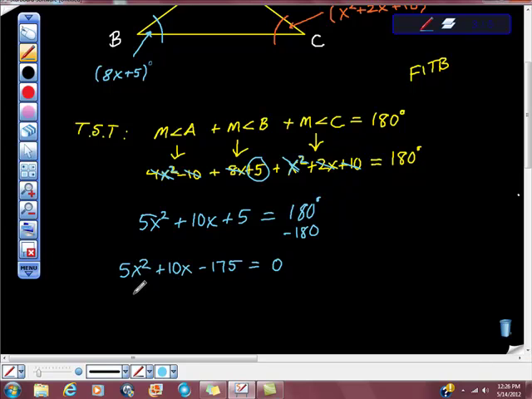So here we go. Oh, look what we have here. I see it. We have a coefficient of 5 here, 10 here, and 175 here. What does that give us? All right, I can do this.